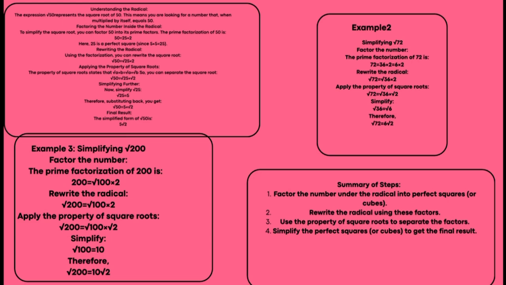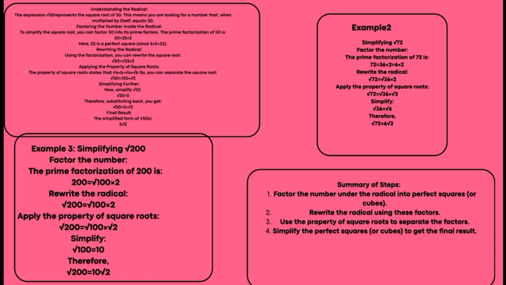Apply the property of square roots, which states that the square root of a times b equals the square root of a times the square root of b. It will give you the square root of 72 equals the square root of 36 times the square root of 2. Step 4. Simplify. Now, the square root of 36 is 6. Substitute this back into the equation. It will give you the square root of 72 equals 6 times the square root of 2.